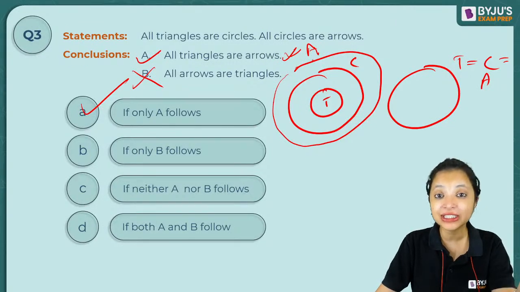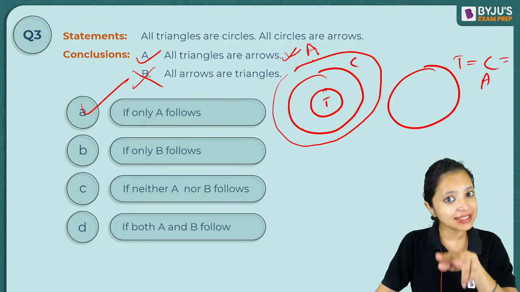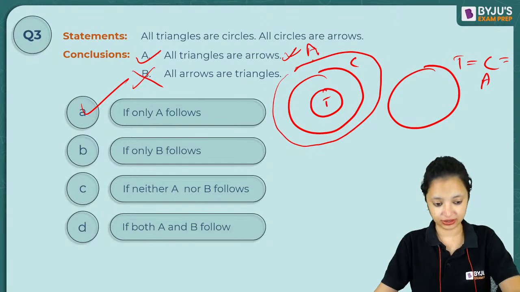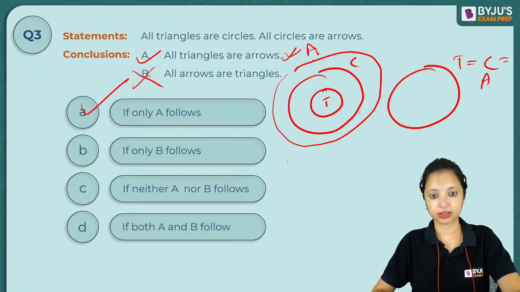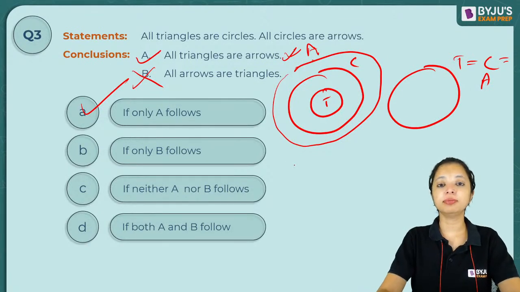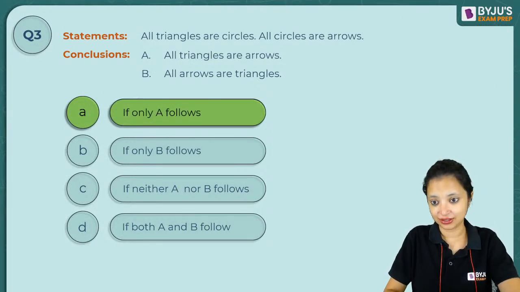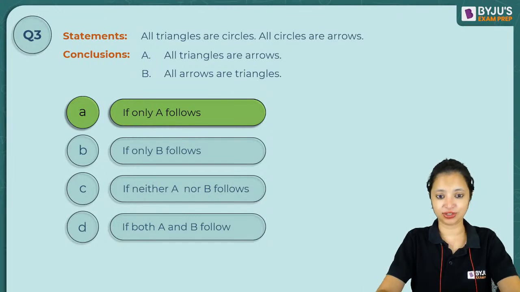It's not a certainty. It has to be true in both the cases that I have drawn. Okay? All right. So the correct answer is only A follows. Let's move on with the next question, everyone.